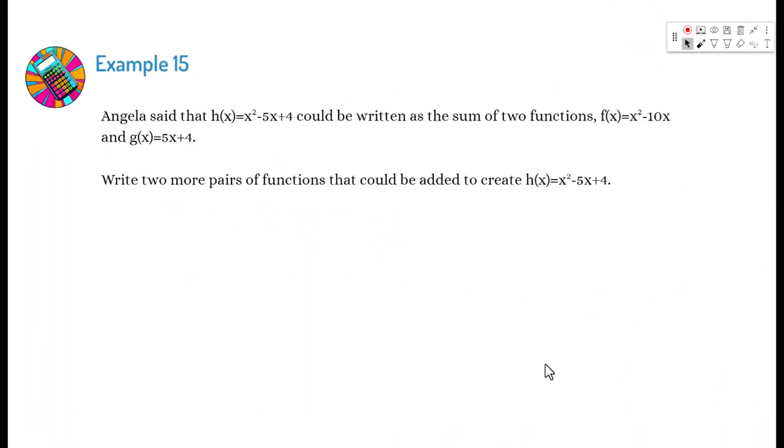Example 15. Angela said that h of x, x squared minus 5x plus 4, could be written as the sum of two functions, f of x equals x squared minus 10x, and g of x equals 5x plus 4. Let's see if that makes sense.